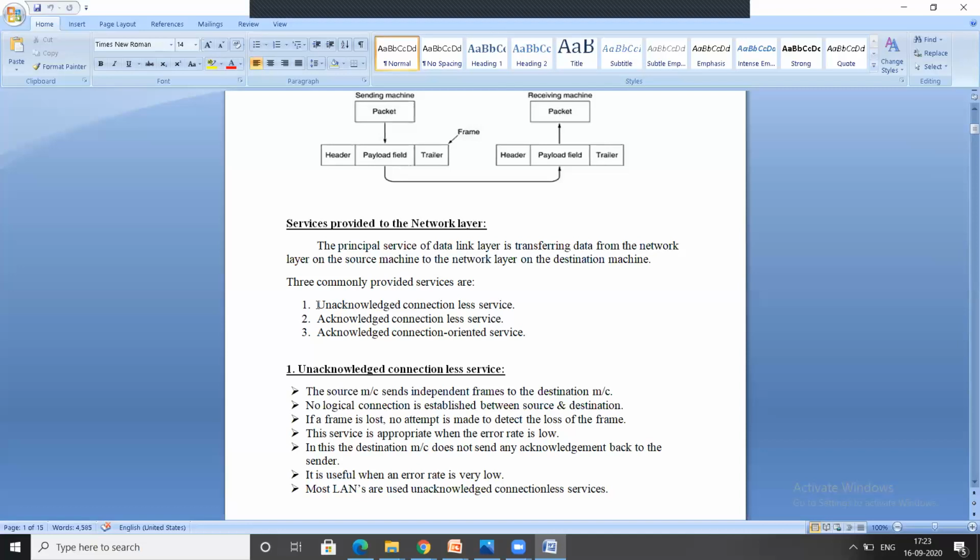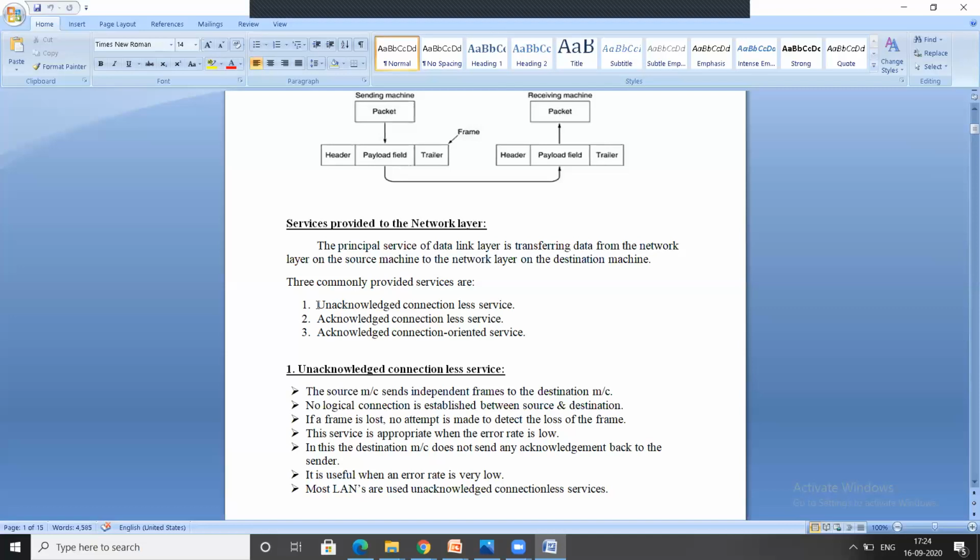Now coming to the logical connection, coming to the connectionless. Already I told you, if there is a logical connection between source and destination, it is said to be connection oriented. There is no logical connection implies connectionless service.